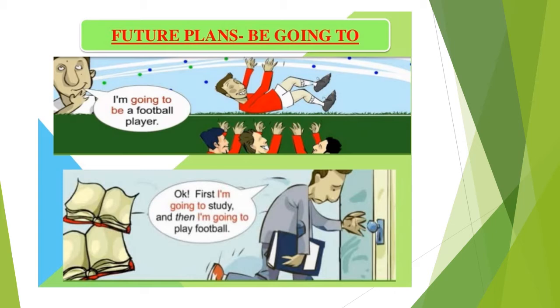See the example: one boy is thinking about his future intention, I am going to be a football player, means already he has planned that he will be a football player in future. So what does he have to do in future? Okay, first I am going to study, means studies are a must, and after that I am going to play football, means after studies he will be planning for football, to be a football player.